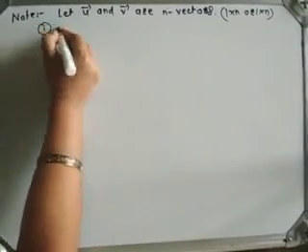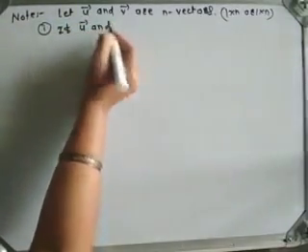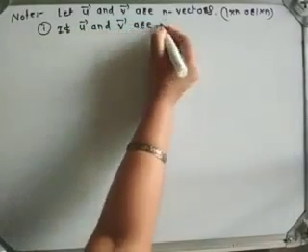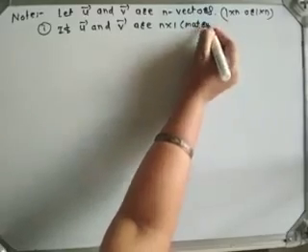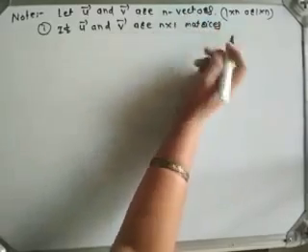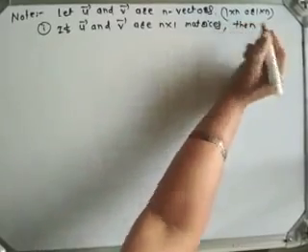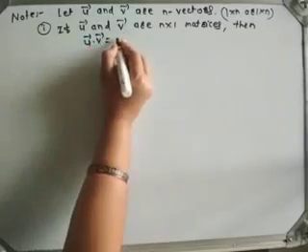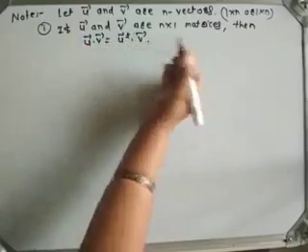First, if u bar and v bar are n by 1 matrices, then u bar dot v bar is equal to u bar transpose dot v bar.